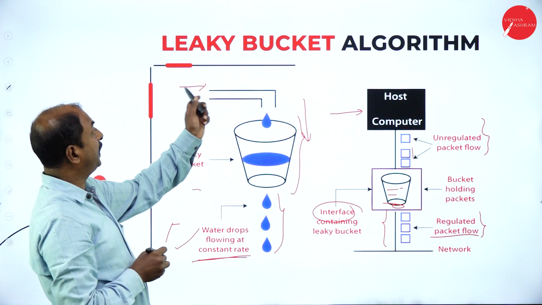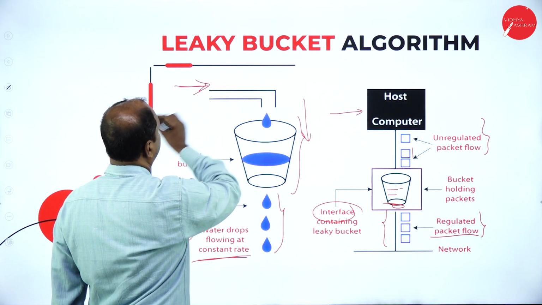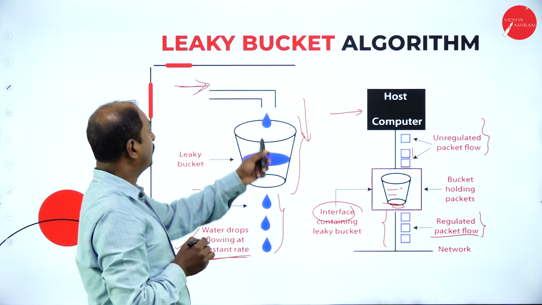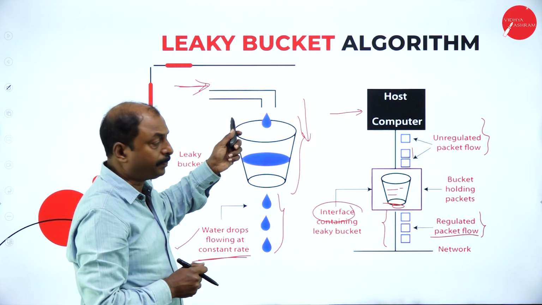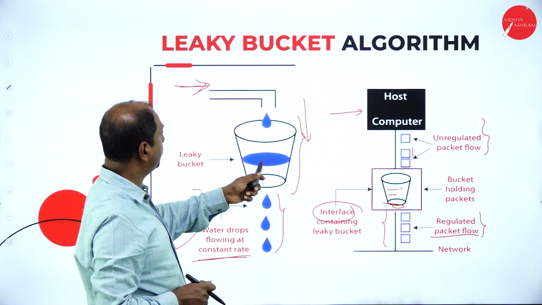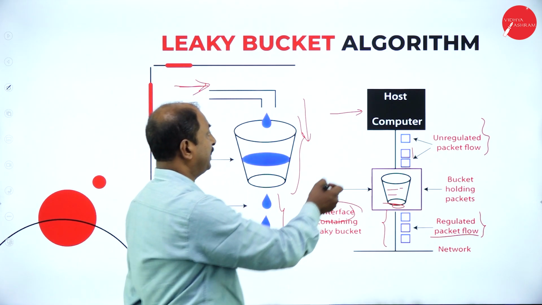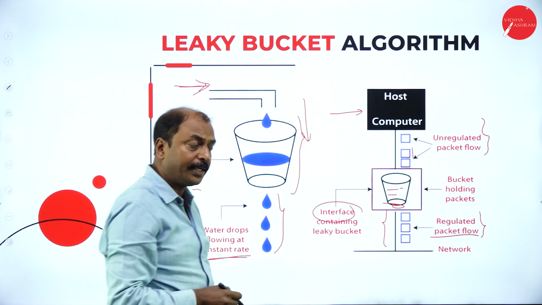If you look at the leaky bucket algorithm, water flows into the bucket in an uncontrolled way. There is no definite or constant speed at which the water flows into the bucket. In the same way, all the packets flow into the network.